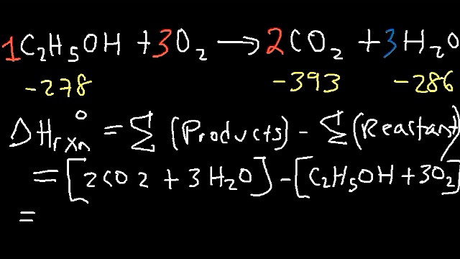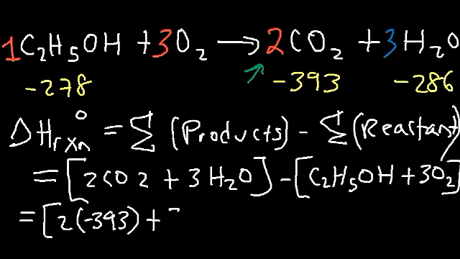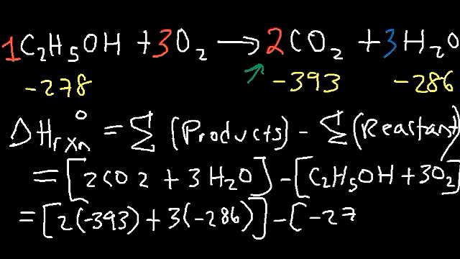So now at this point, we need to plug in the heats of formation for each substance. So for CO2, it's negative 393 times 2 because we have a 2 in front, plus 3 times negative 286 for water, minus the ethanol, which is negative 278. Now, O2 is a pure element, and for any pure element in its natural state, the enthalpy of formation is 0.